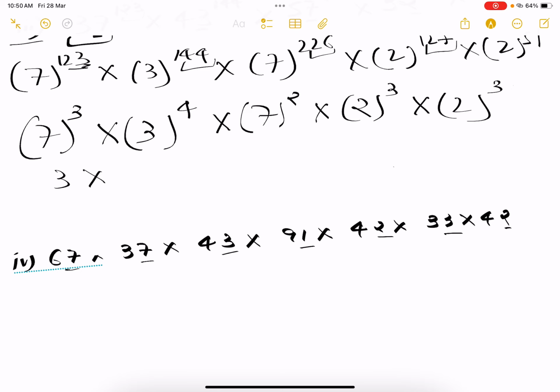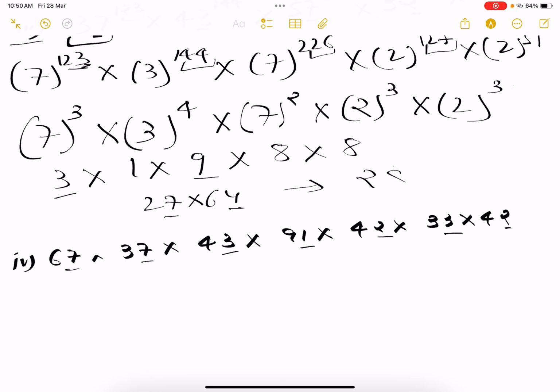If 3 to the power 4 is there, then what I get is 1. If 7 to the power 2 is there, what I get is 7 into 7, 49, so 9. If 2 to the power 3, I get 8, and for 2 to the power 3 I also get 8. Now this is 27 into 64. Now we take the last unit digit, 4 7s are 28, and I get 8. So the unit digit is 8.